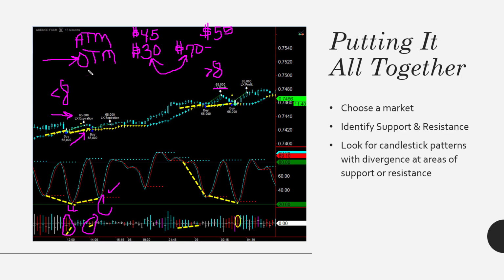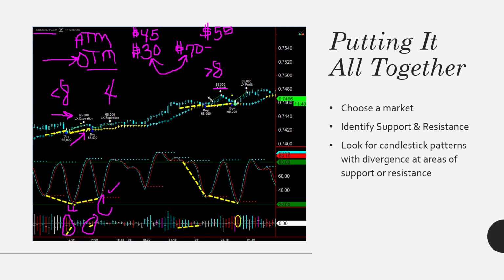Again, if you're using an out of the money binary, this is on the Aussie dollar. That means that you can go 4 pips from where price is currently trading. 4 pips is all you have to go, and you could potentially get that for $30 in order to make 70.